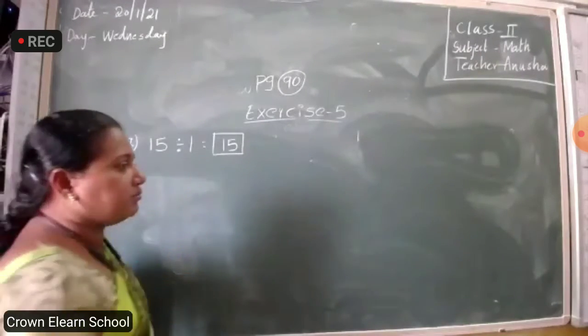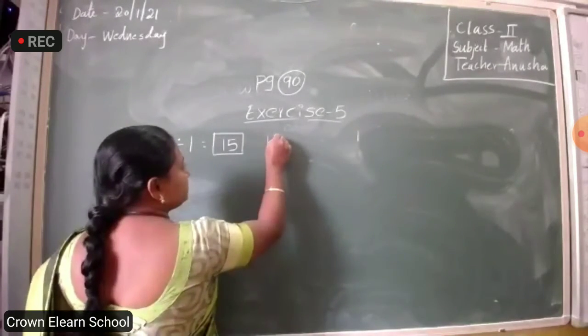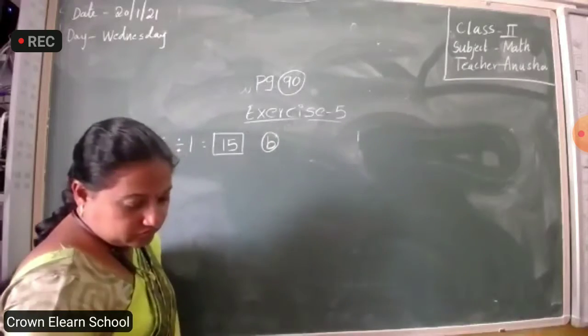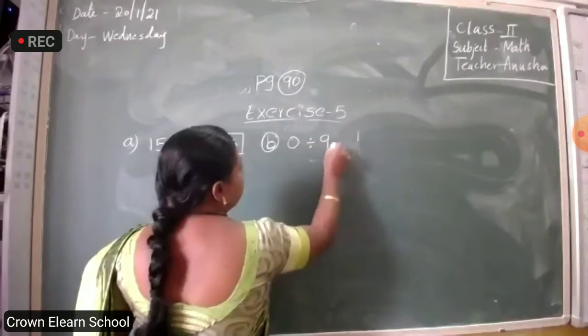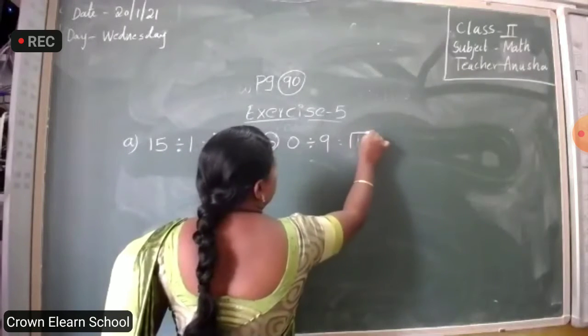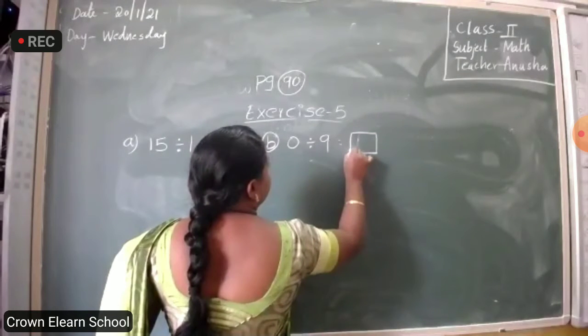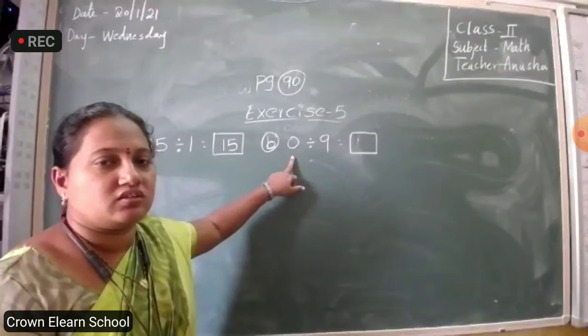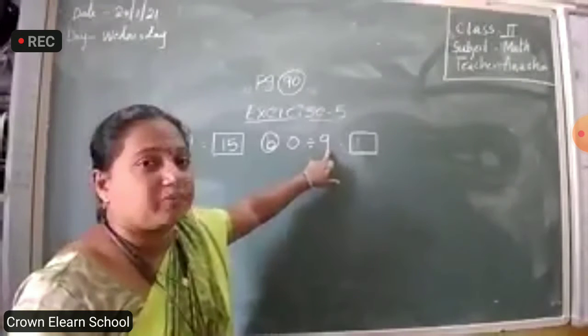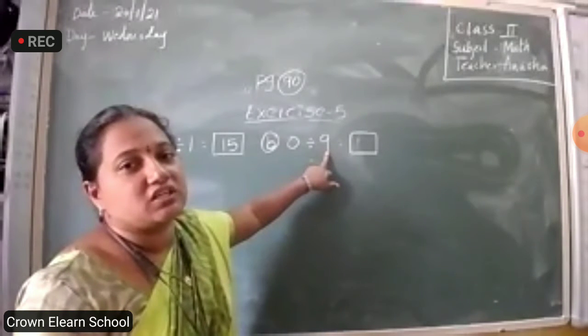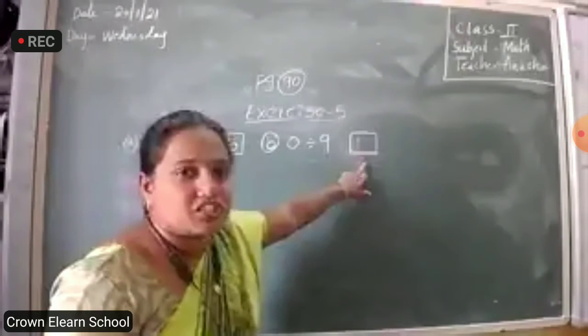Okay? Next, B. 0 divided by 9. Same idea: this is what your mother has. Your mother has 0 chocolates. This is you, your brother, your sister. In total, how many members are there? 9 members. What is your share?